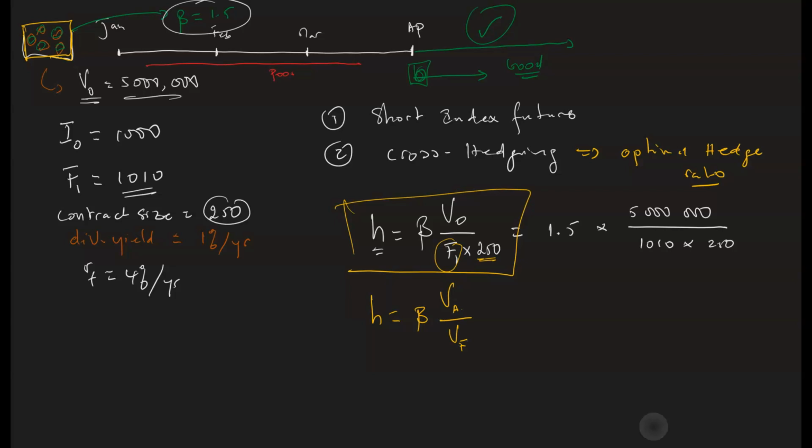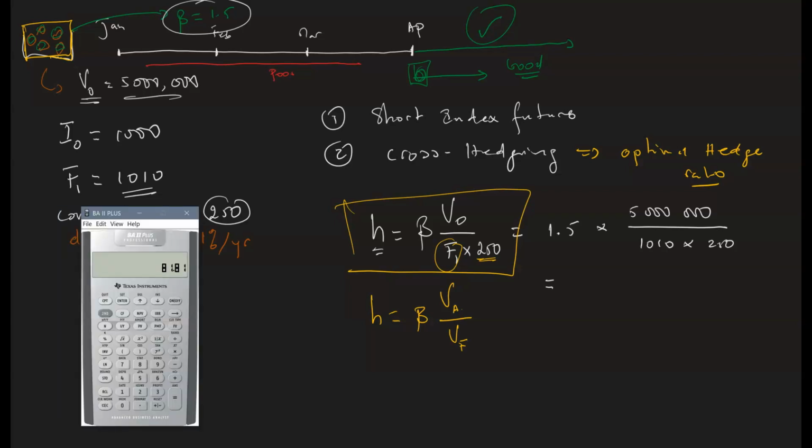Now if we do the math here, what you're going to find is that, where's my financial calculator? There we go. We're going to find that we need 5 million, divide that by 1010, divide that again by 250, equal, and then we multiply that by 1.5.